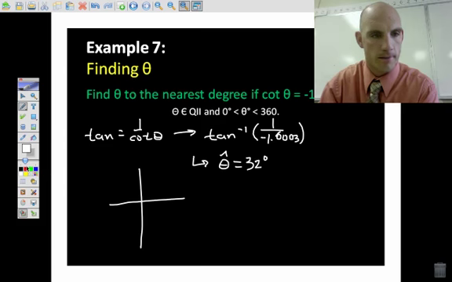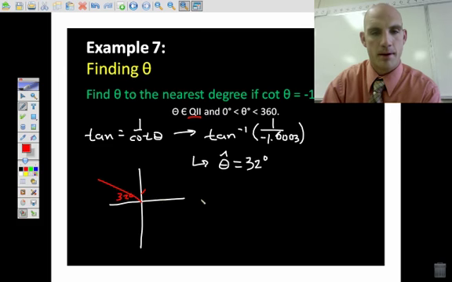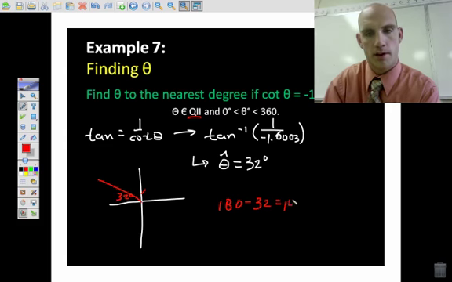Go ahead and draw my reference angle here. I'm in quadrant 2, so I'm here. This is 32 degrees. So I'm going to have 180 minus 32, which gives me 148 degrees.